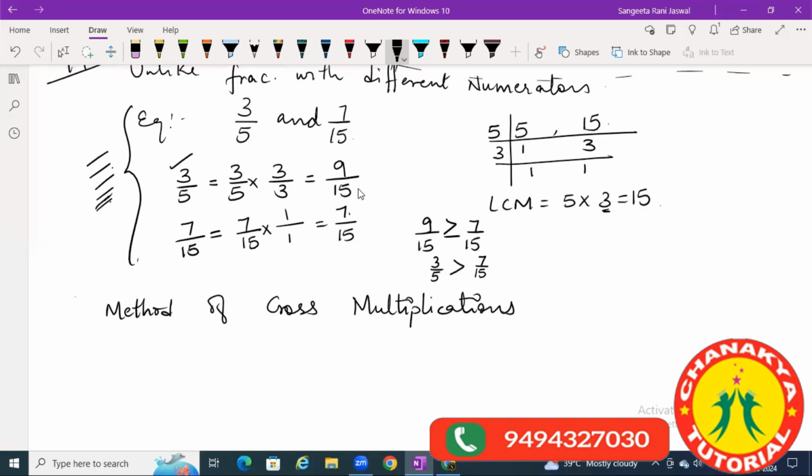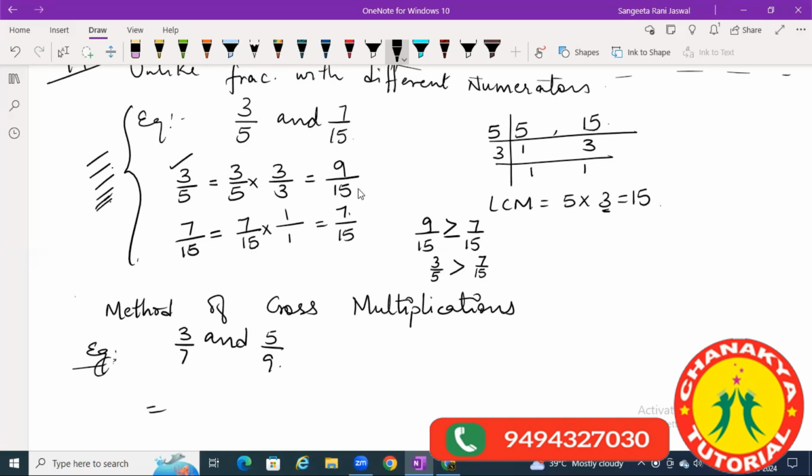I'm taking an example. Suppose you have the fractions 3 by 7 and 5 by 9. Both these are unlike fractions with different numerators. Denominators are also different, numerators are also different. So what will I do? I'll take a cross product.